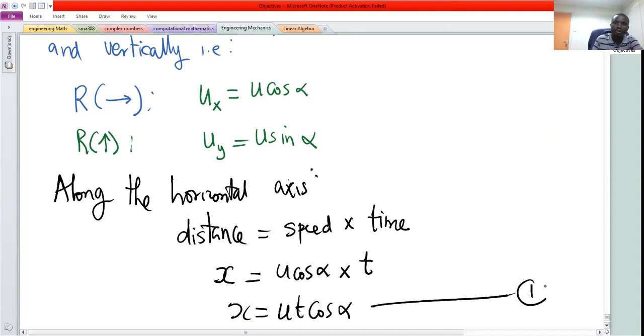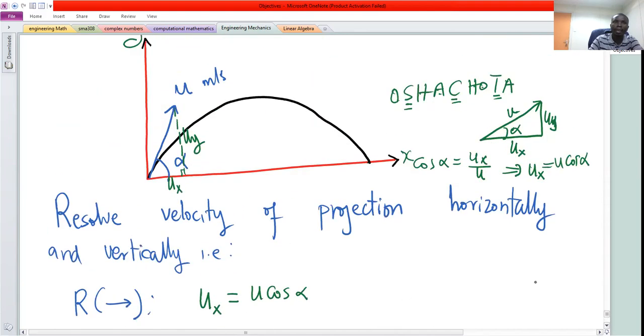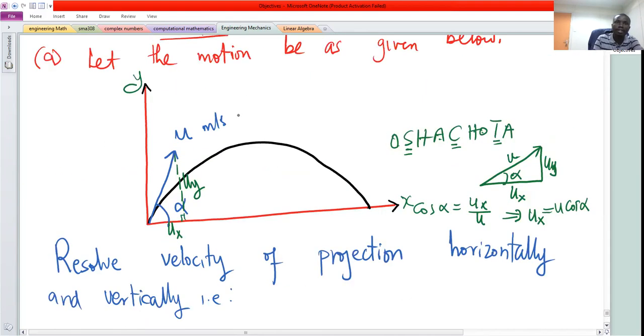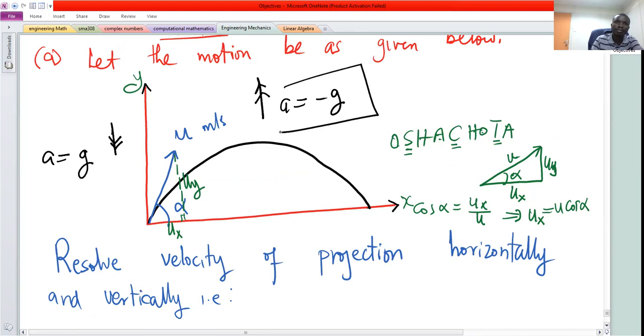Call this equation 1. And remember, this is a projectile motion, and the only force which governs this motion is the force of gravity. When the motion is downward, the acceleration is positive g. When it is moving upwards, it's negative g, because it's in the opposite direction of gravity. And because this particle is thrown upwards, the acceleration will be given by minus g.